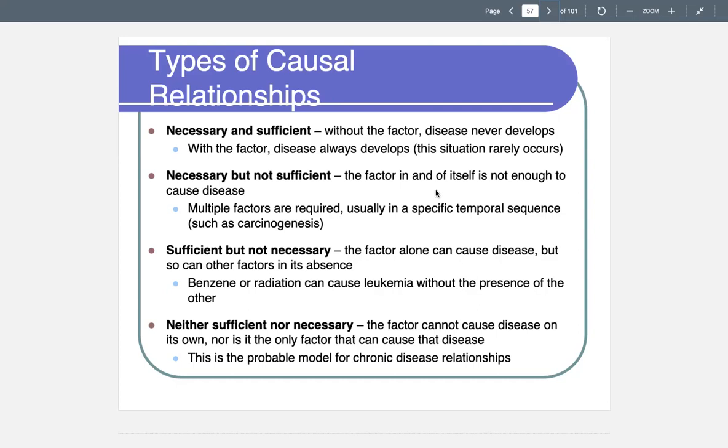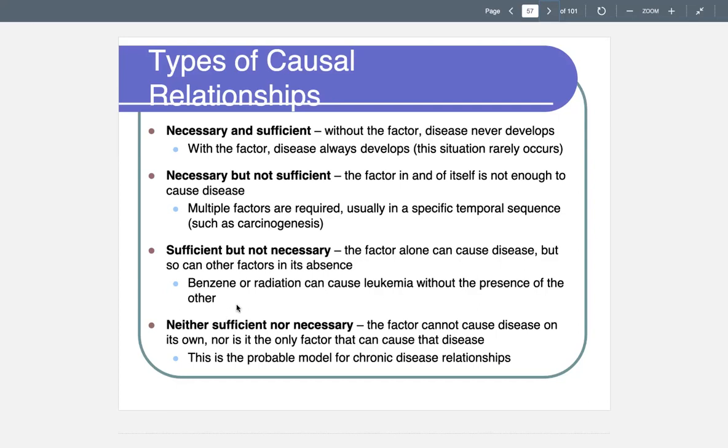Multiple factors are required, okay, usually in a specific temporal sequence, no, such as yung mga carcinogenesis class, no. Yung mga carcinogens na maaaring nai-intake natin class, magde-develop lang ng disease dyan kapag okay, sobra-sobra na yung presence nila in sobra-sobra na yung carcinogen substance in our body, tapos mahina, hindi na din kumbaga hindi sila na metabolize ng katawan natin. Ayan, maaring mag-cause, okay, ng disease.